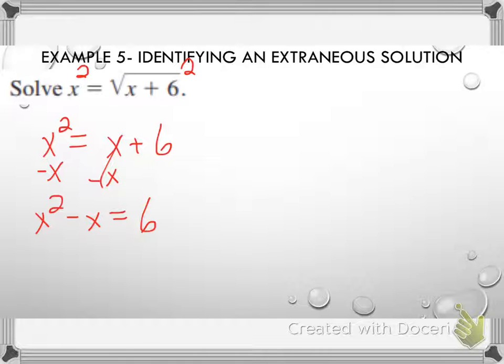Okay, what's the next thing I need to do? Divide by x? Not quite. Divide by x squared minus x? Not quite. It's alright that you're wrong. I like these ideas coming out. So anyone else have any other ideas?